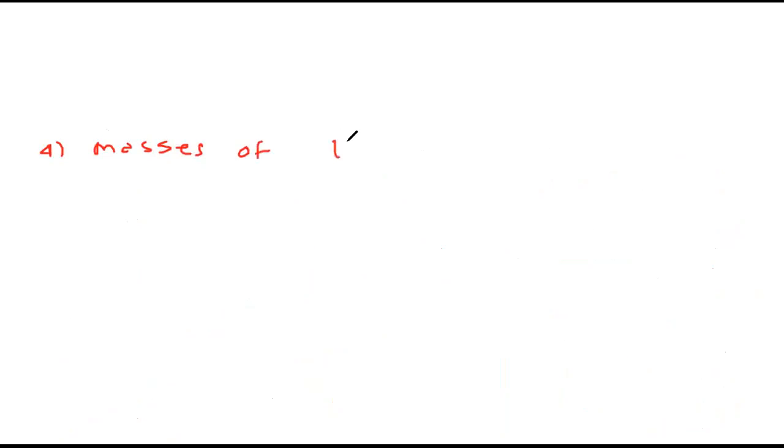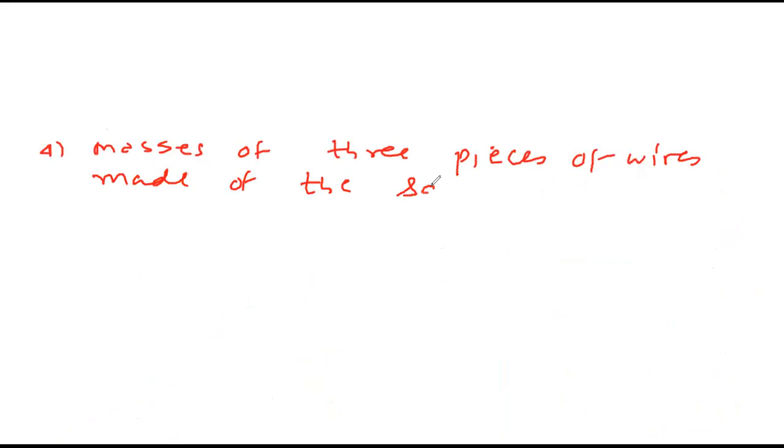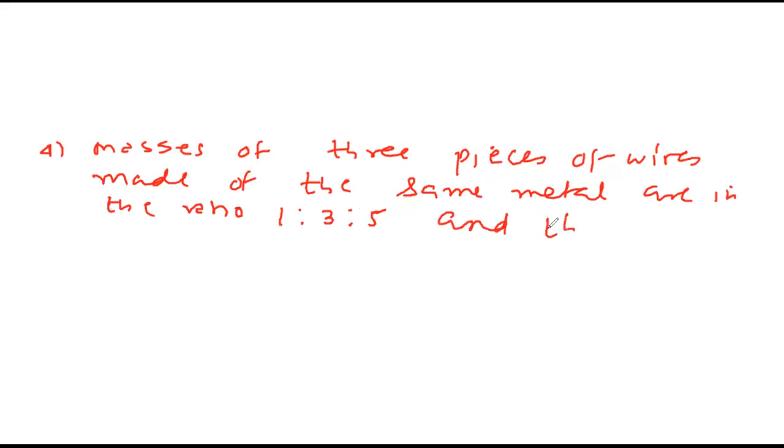Masses of three pieces of wires made up of same metal are in the ratio 1:3:5, and their lengths are in the ratio 5:3:1.